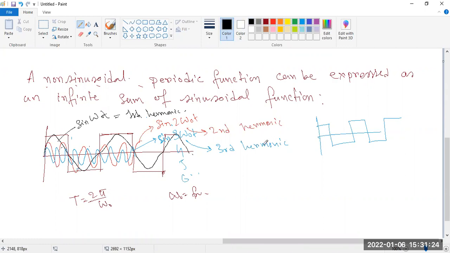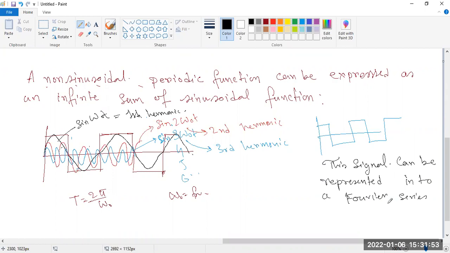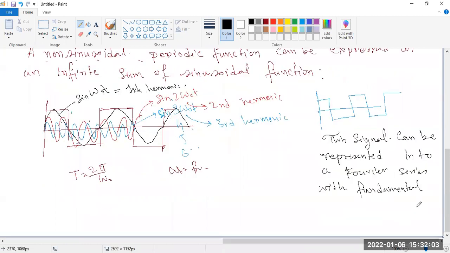So this signal can be represented in a Fourier series with fundamental frequency omega 0.